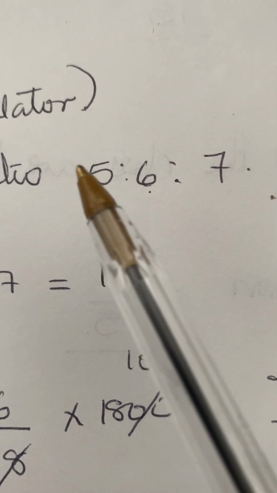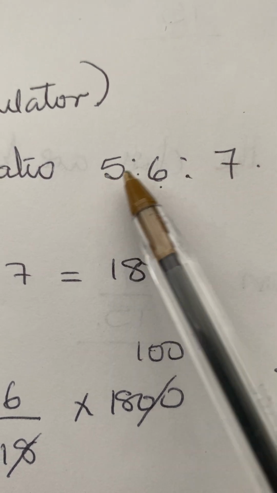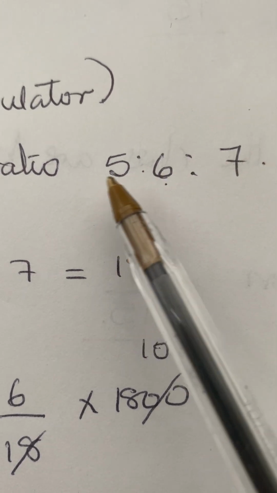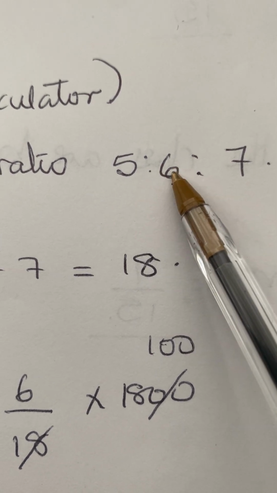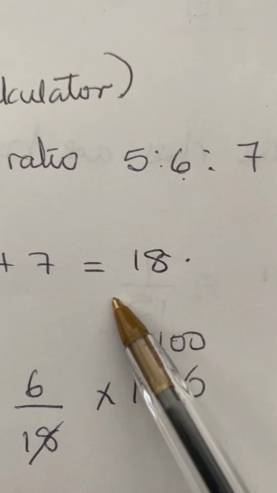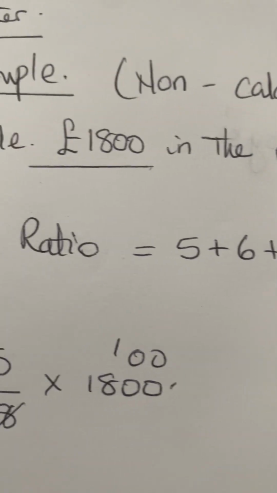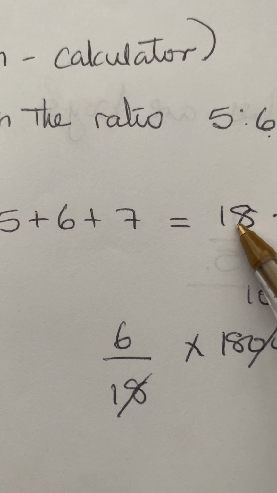Okay, so first of all, you need to add these ratios, and when you add them, 5 add 6 is 11. Add 7 is 18. Okay, so the total ratio now is 18.